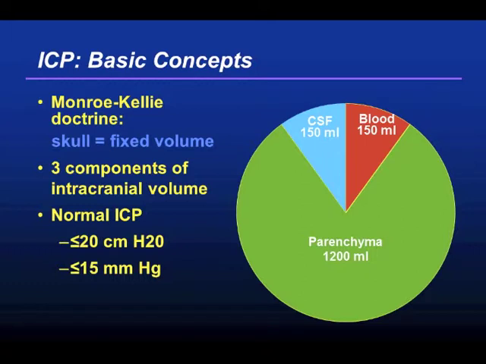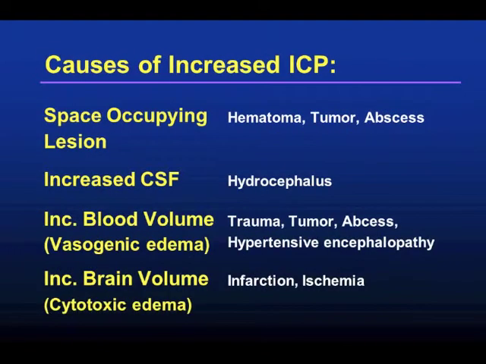Normal intracranial pressure measured with a needle, the upper limit is 20 centimeters of water. But with conventional bedside monitoring systems, when we monitor ICP in millimeters of mercury, or in torr, the upper limit of normal is 15 millimeters of mercury, and that is a standard conversion factor of 1.33.